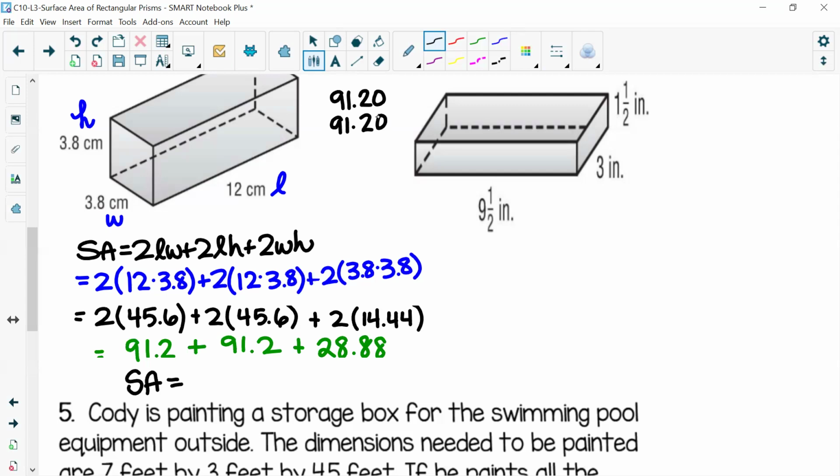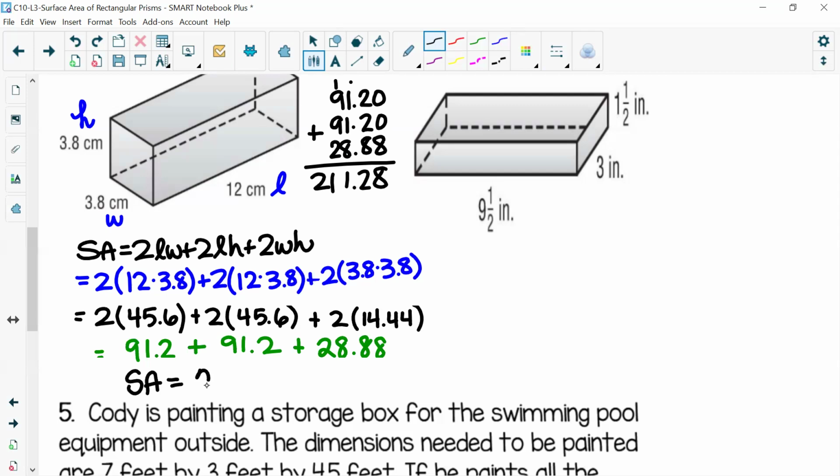91.20. And then I have 28.88. And I'm going to add those. So I have an 8, 12, carry the 1. We have 11, carry the 1, 18, 19, 20, 21. Bring that decimal straight down.